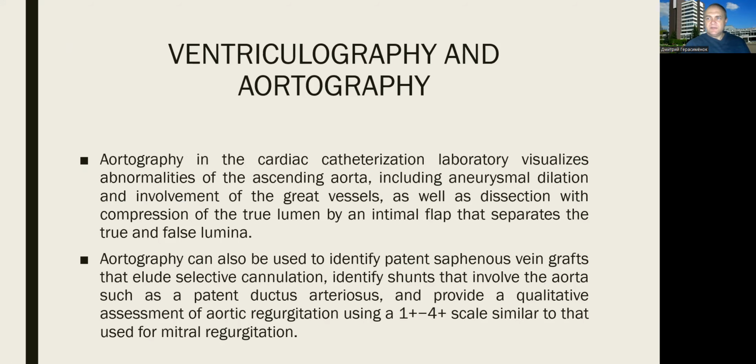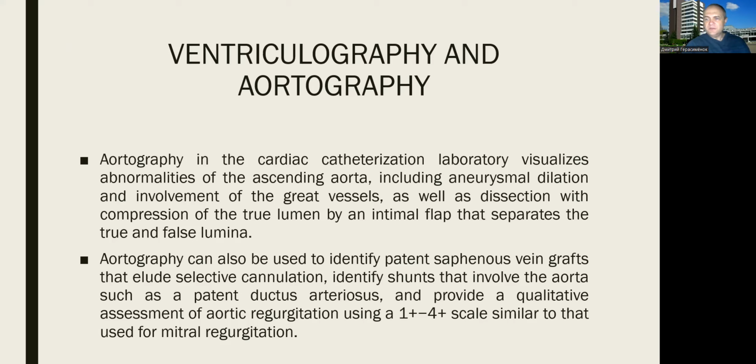Ventriculography and aortography. Aortography in the cardiac catheterization laboratory visualizes abnormalities of the ascending aorta, including aneurysmal dilation and involvement of the great vessels, as well as dissection with compression of the true lumen by an intimal flap that separates the true and false lumina.